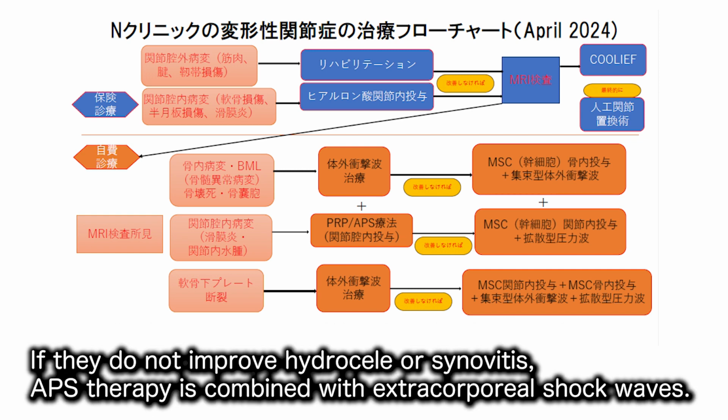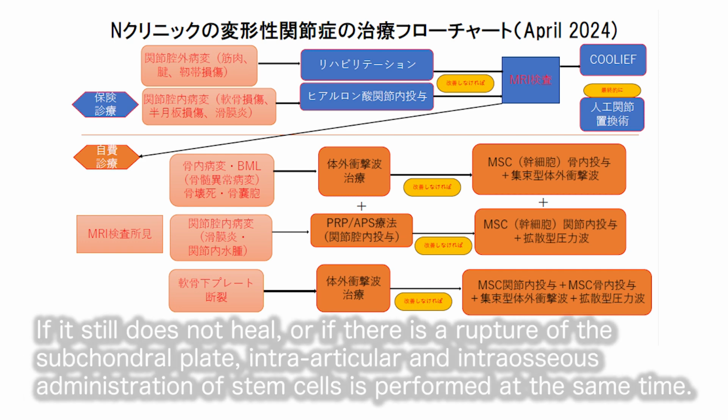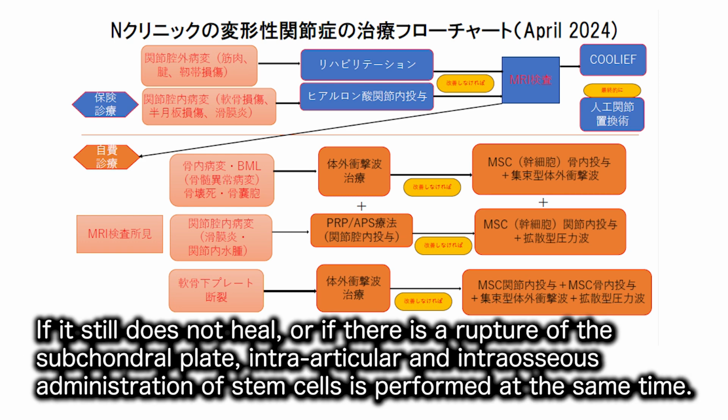If they do not improve hydrocele or synovitis, APS therapy is combined with extracorporeal shockwaves. If it still does not heal, or if there is a rupture of the subchondral plate, intra-articular and intraosseous administration of stem cells is performed at the same time.